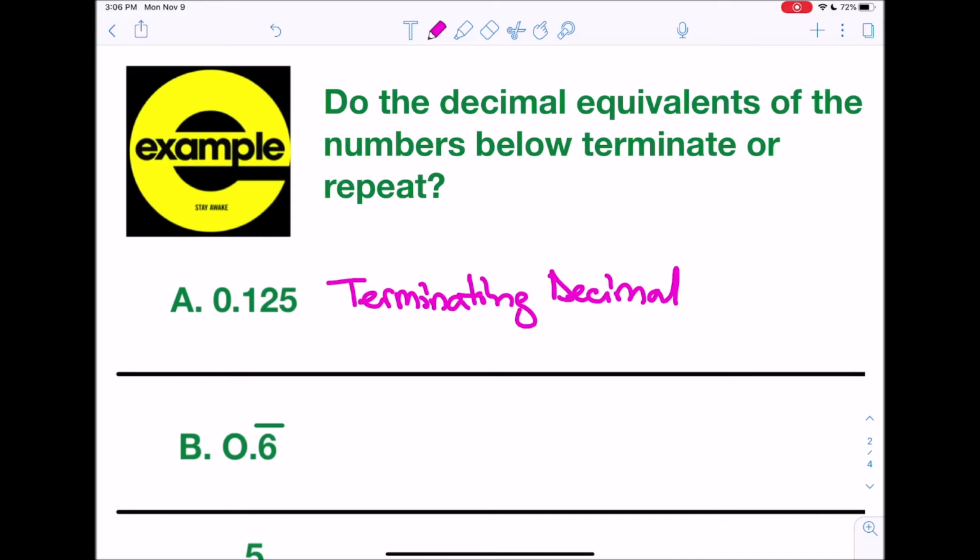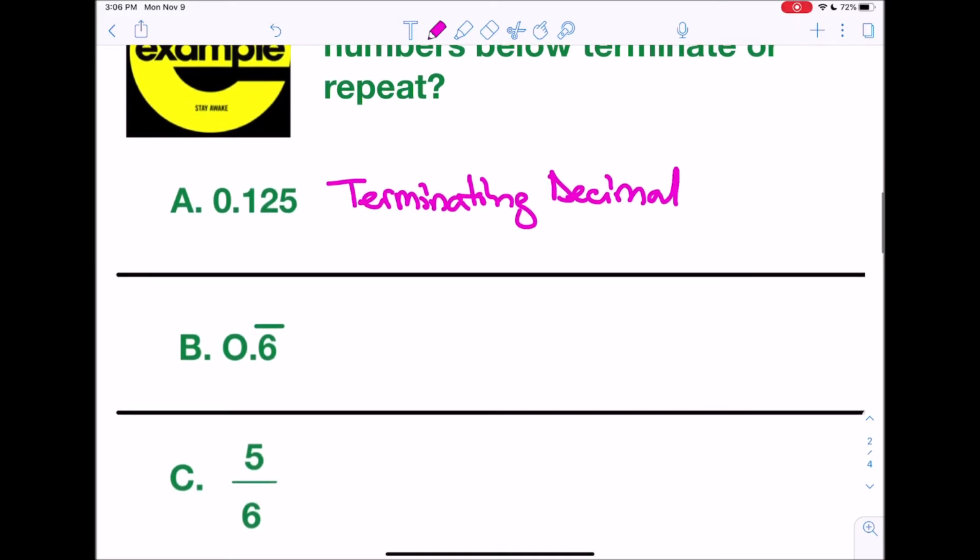Okay, so it stops at the 5. It's terminating. All right, B, we have 0.6 and we have this infinity bar over the 6, which means that 6 goes on forever. It just keeps repeating itself. So if it keeps repeating itself forever, this is definitely a repeating decimal.